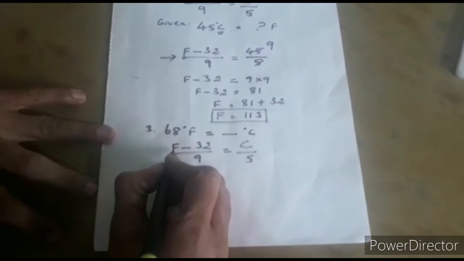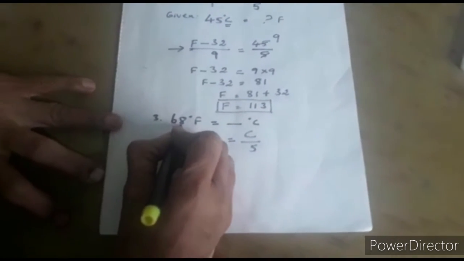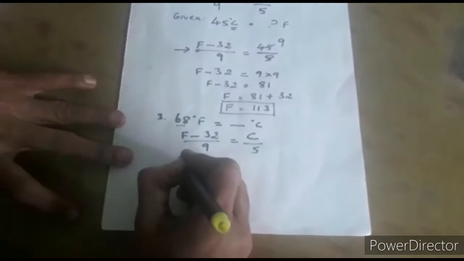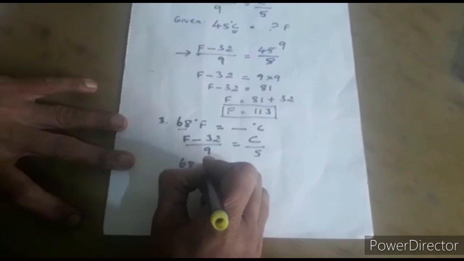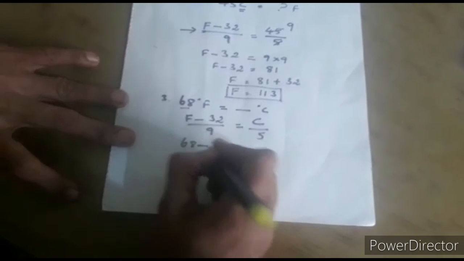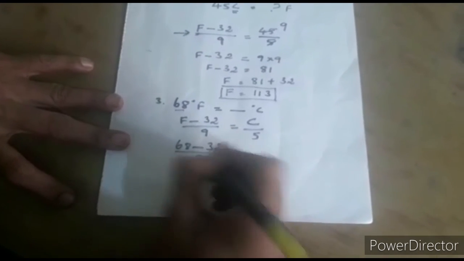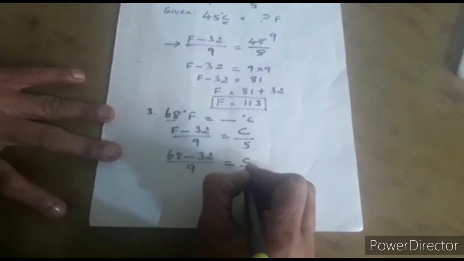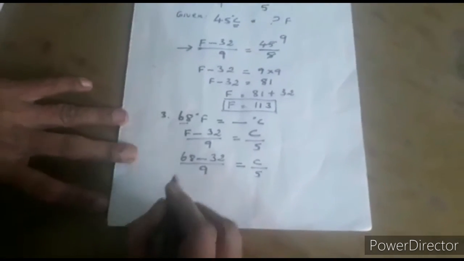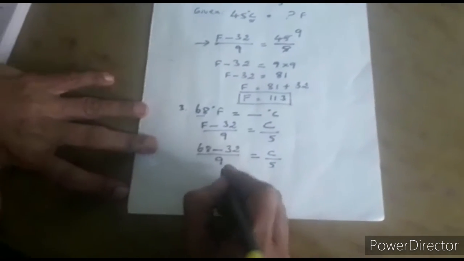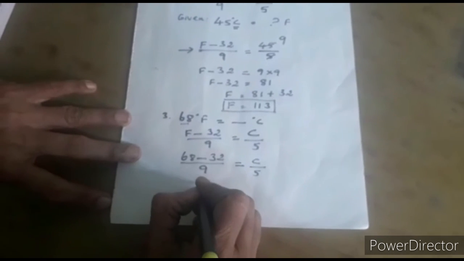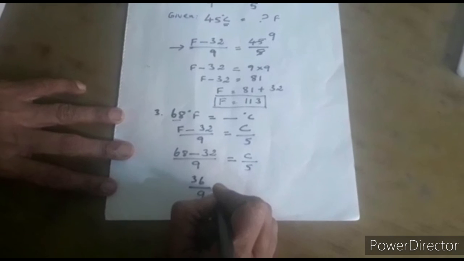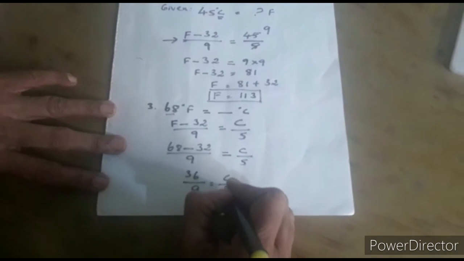In the place of F, you have to substitute 68 and find out what is C. So 68 minus 32 divided by 9 is equal to C by 5. 68 minus 32 is 36. 36 divided by 9 is equal to C by 5.